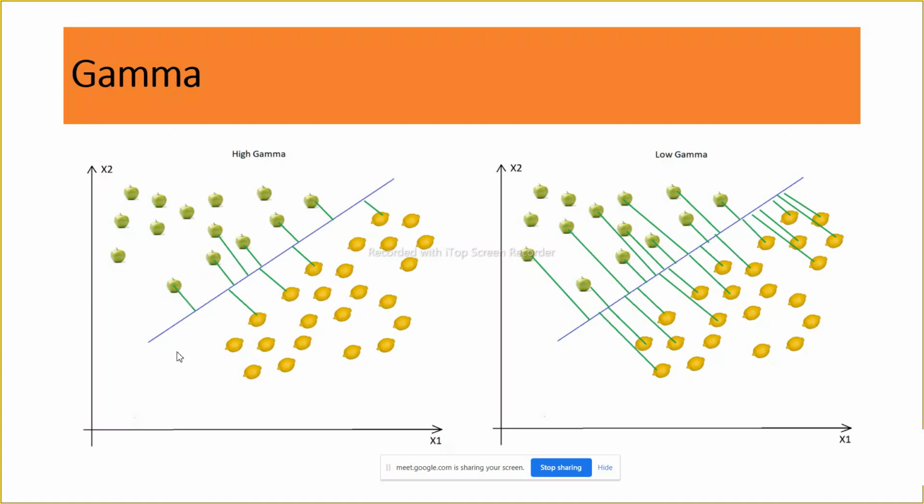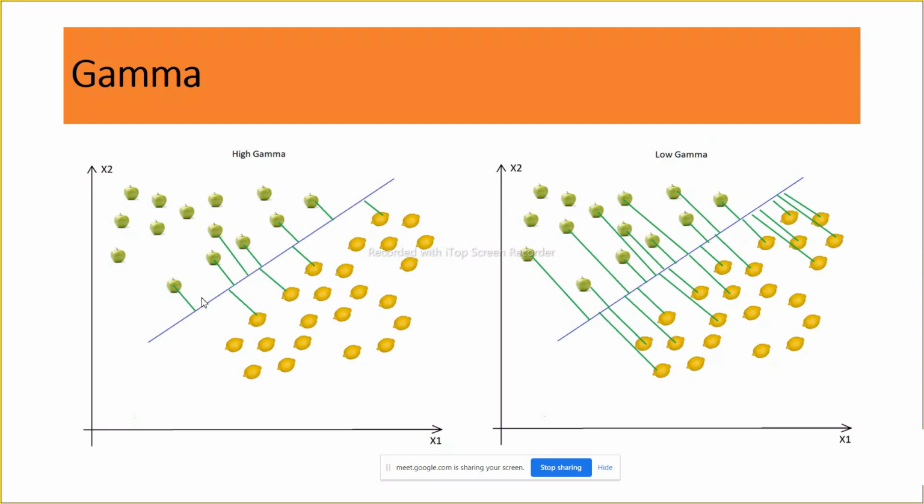When the samples are closer to the decision boundary, it's called high gamma. Some samples are closer, but most of the samples are at a long distance from the decision boundary. That's why we can say this is low gamma, and this is high gamma.